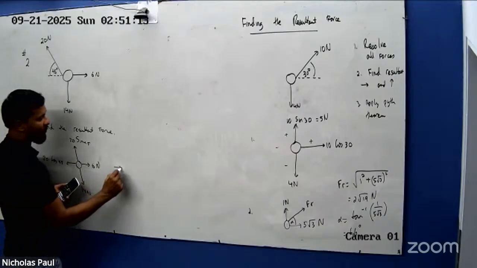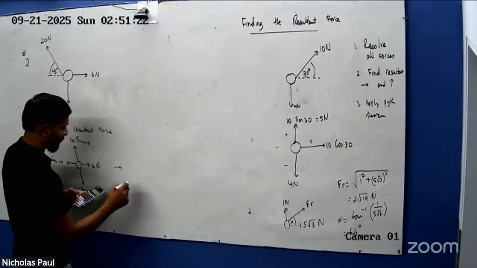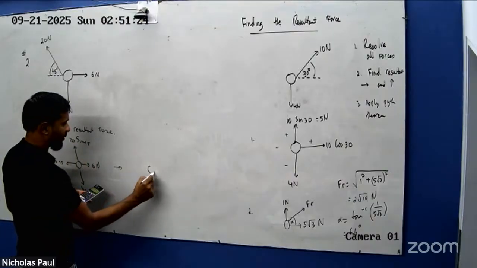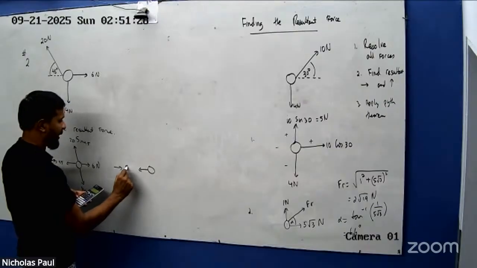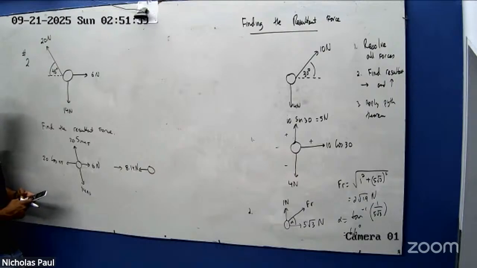So when I resolve, I will end up with 6 minus 20 cos 45. I got 8.14 here. 8.14 there. And 20 sine 45 minus 14.